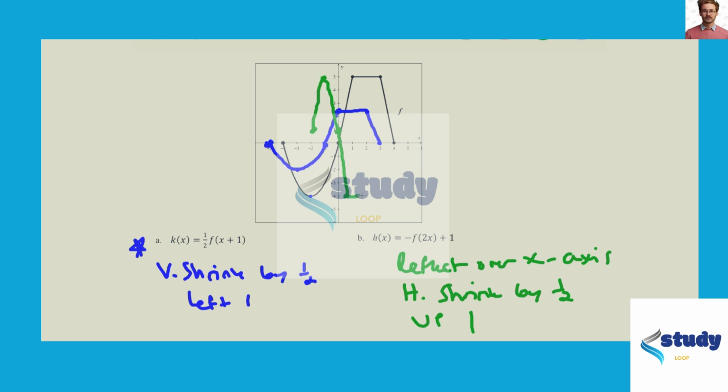Okay, and then our final point, 4, 0, reflect stays put, horizontal shrink takes you to 2, 0, and then up 1 to 2, 1.